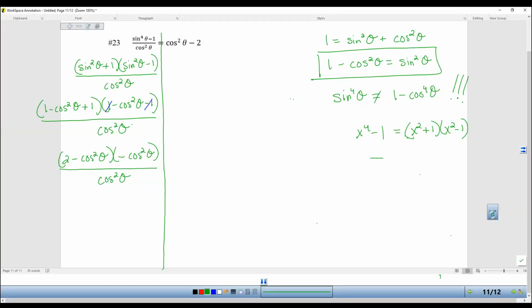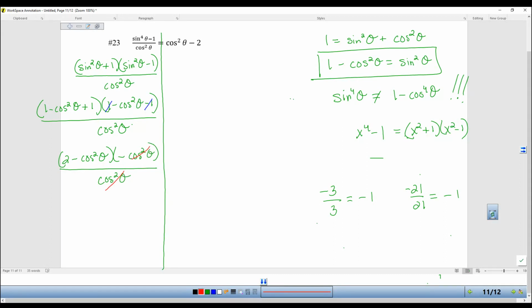So this next step is a little tricky for some people because it's trig, but think about it as a regular number. If you had 3 over negative 3, what is that? Negative 1. If you had negative 21 over 21, what is that? Negative 1. So if you have negative cosine squared over cosine squared, what is that? Negative 1.